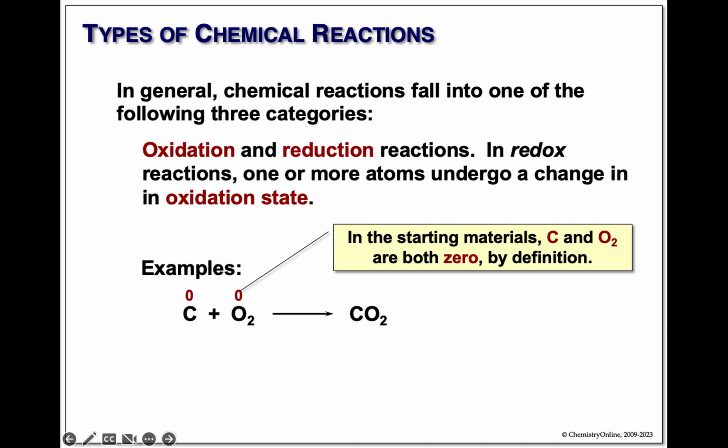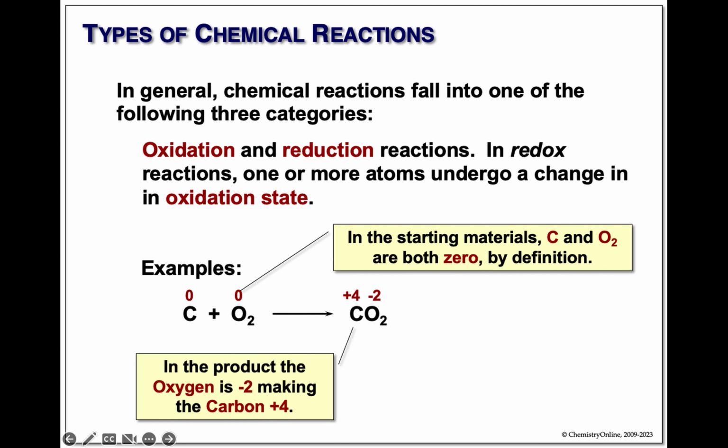Over here, our oxygen is going to be -2. To make this neutral, we have 4 negatives. The carbon must be +4. So, have oxidation numbers changed? Absolutely. 0 to +4, 0 to -2.